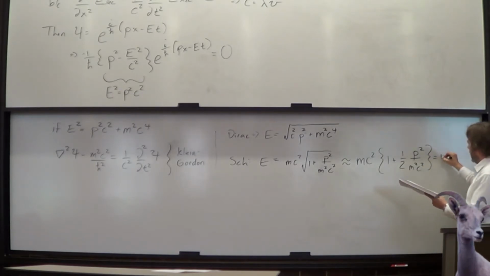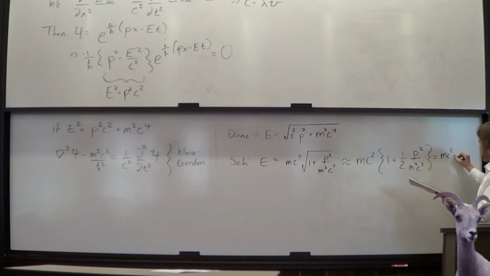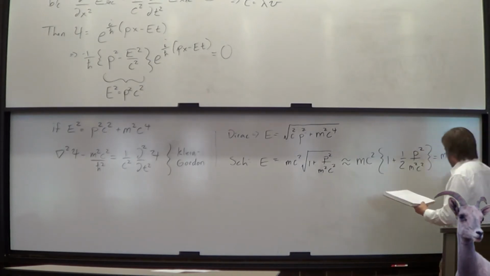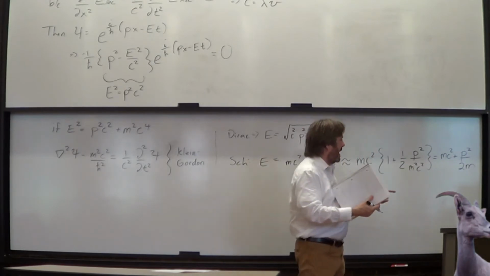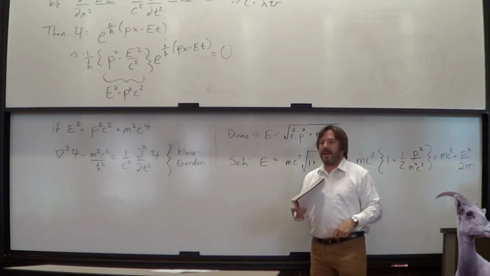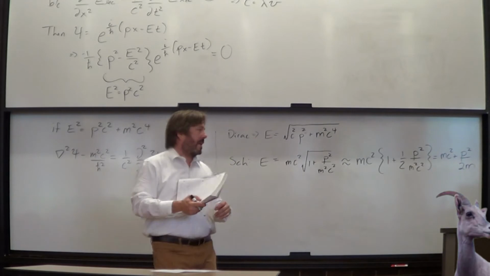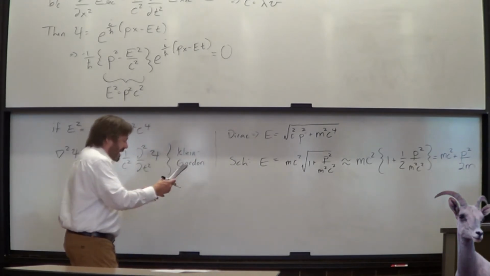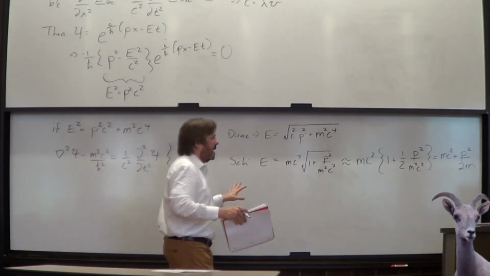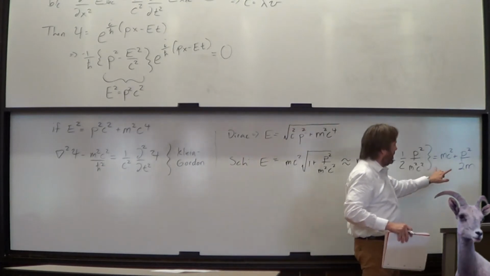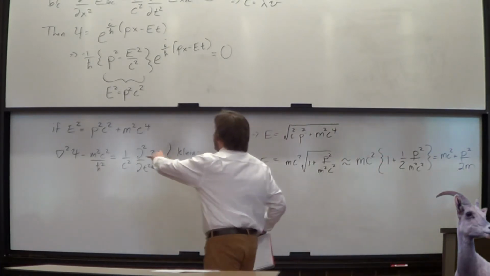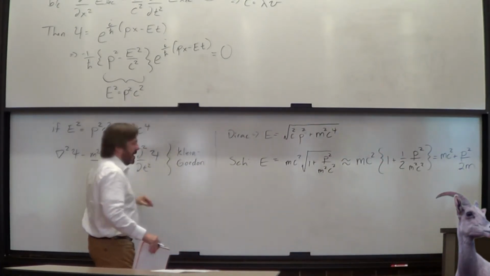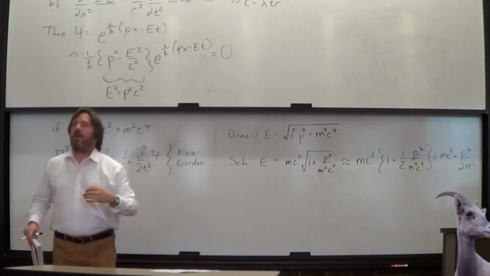And then this ends up being mc squared plus p squared over 2m. So you recall that the Schrodinger equation has p squared over 2m as the kinetic energy operator, so now you're seeing where that comes from. Okay, and again, I'll post this paper. When you do this and you put that in here and you go from there, you're four steps away.